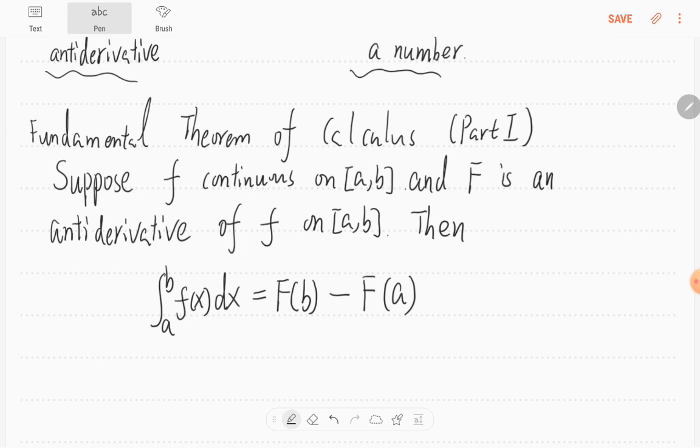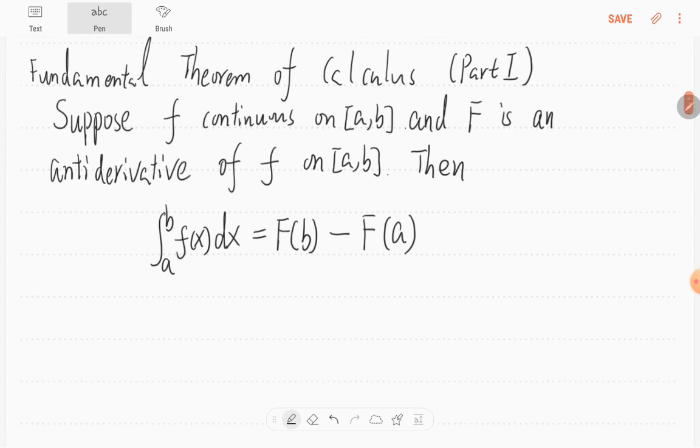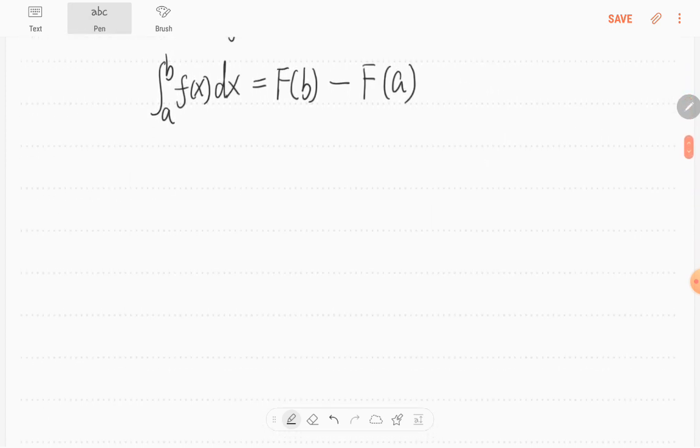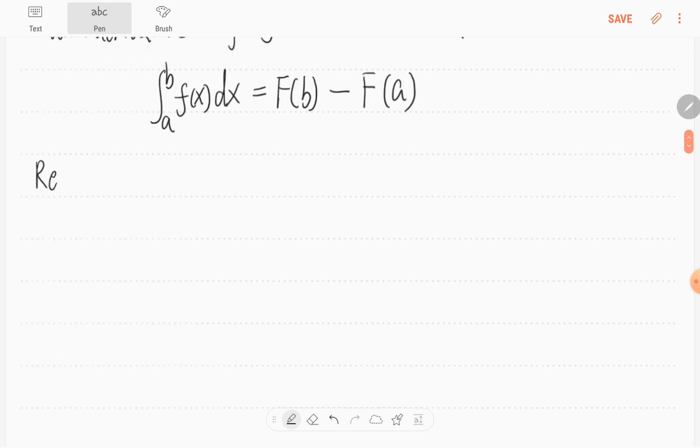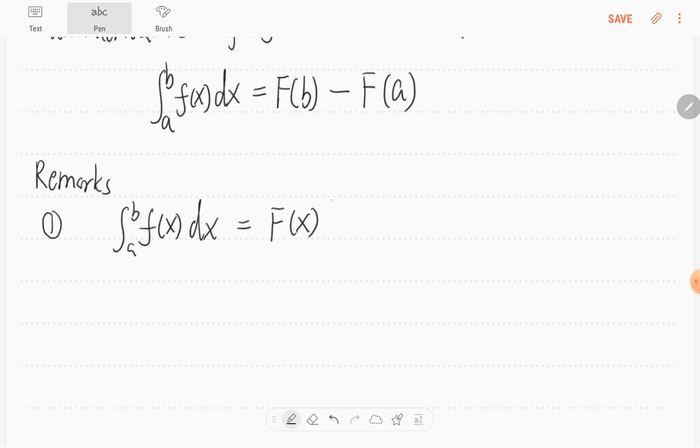Now let's look at some remarks for this theorem. The first remark: sometimes we write this as F of x with a long bar, which is called evaluated at a and b.